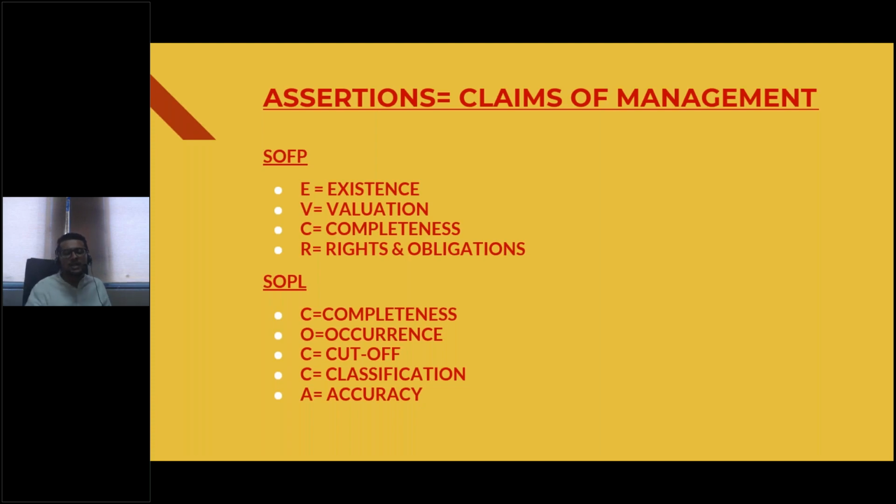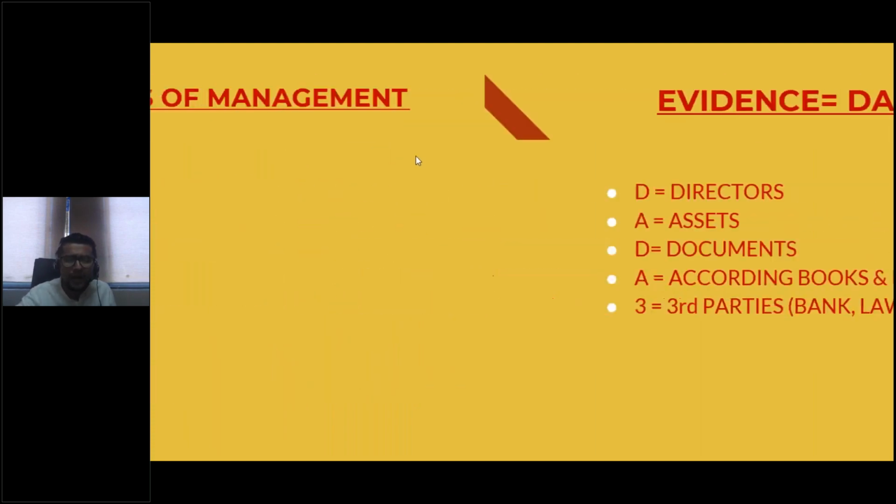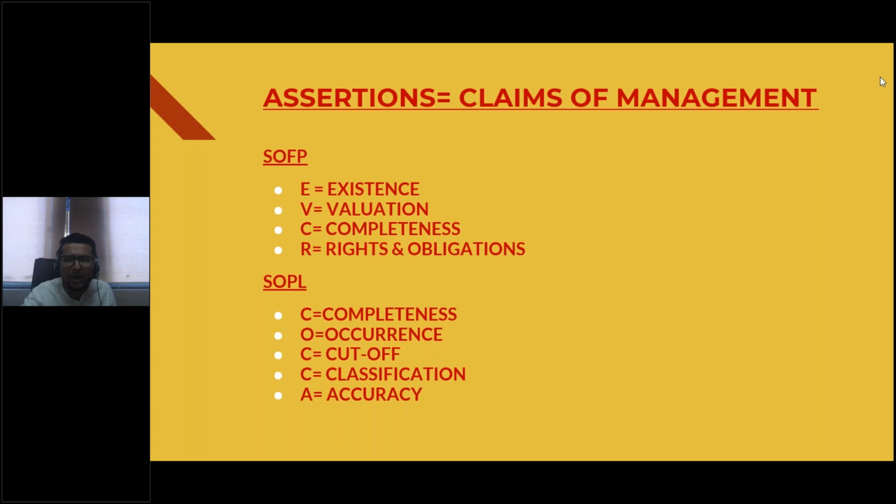Last but not the least, just like valuation, there is an assertion called accuracy. Those transactions which you have recorded, you need to make sure that you have recorded at a correct value. Correct value means you need to make sure that you have accurately valued it. So these are the assertions regarding the statement of profit or loss.